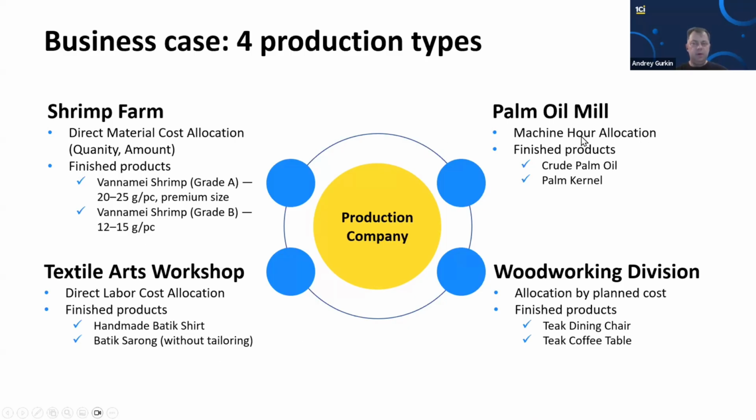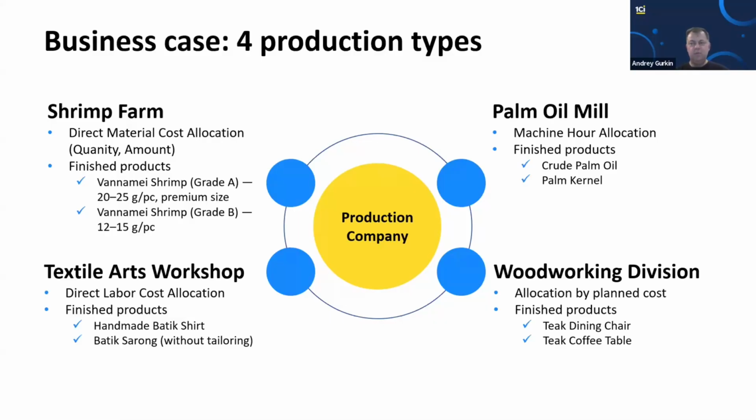Then the third one, we are producing palm oil. So we have a palm oil mill, and we have huge machines there. Of course, before it, we are gathering all of those materials.